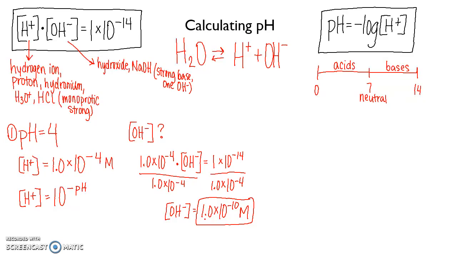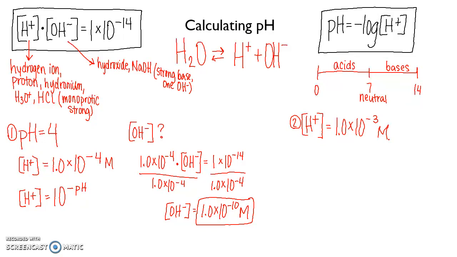If we were given some different information though, let's say we were given an H plus concentration. We're told the concentration of H plus is 1 times 10 to the negative 3 molar, and the question is, what was the pH?